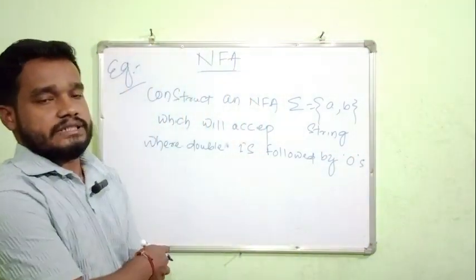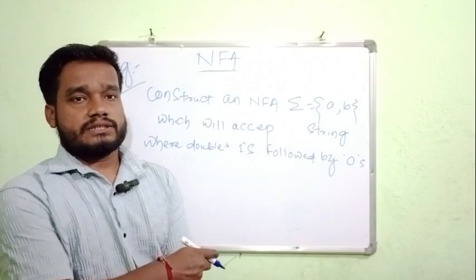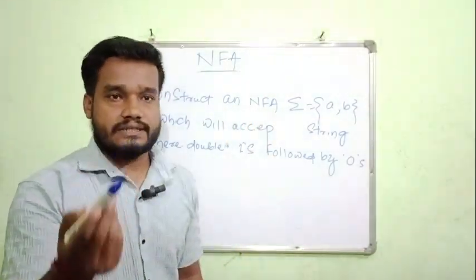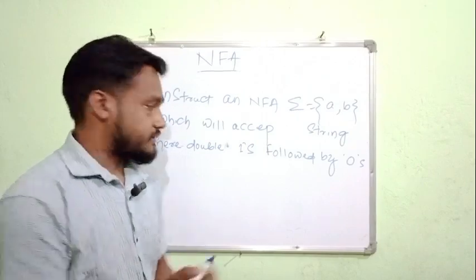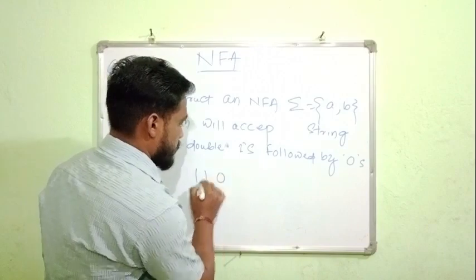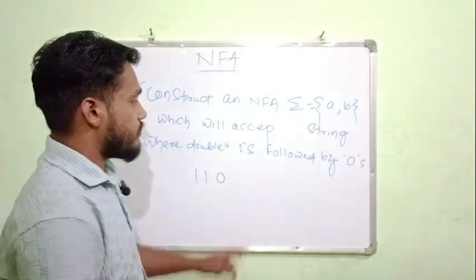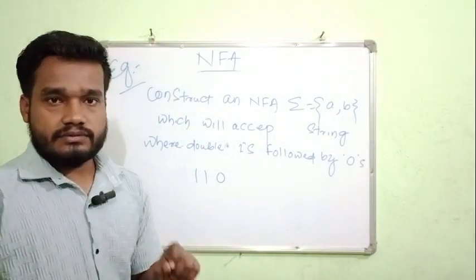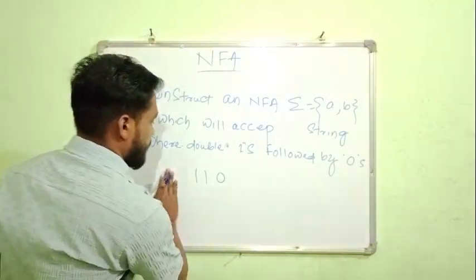So according to the question, the first condition will be double one followed by a single zero. So that is the minimum string in case of NFA.